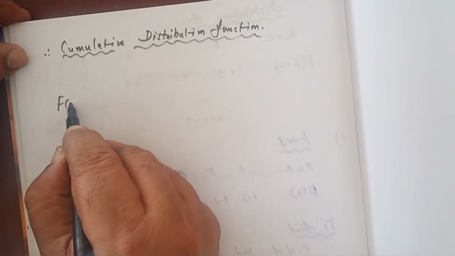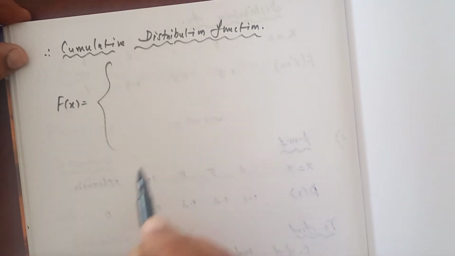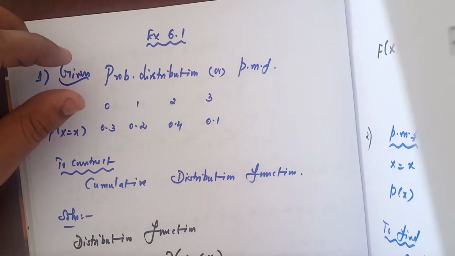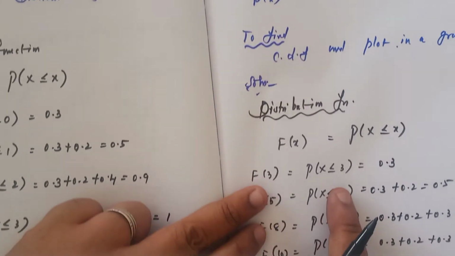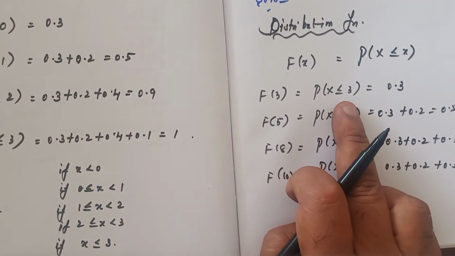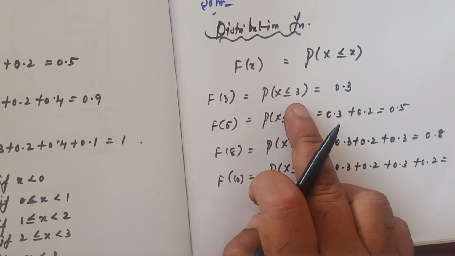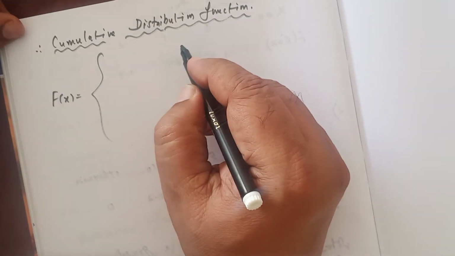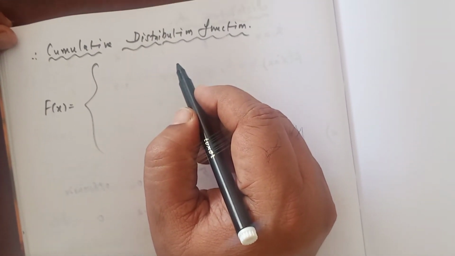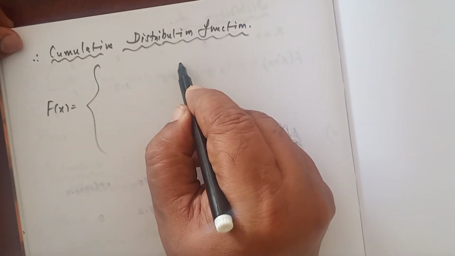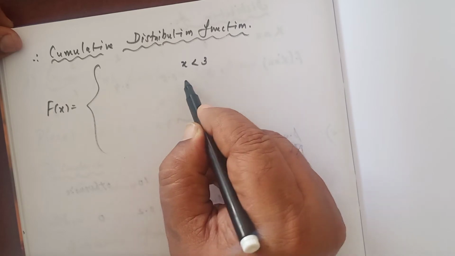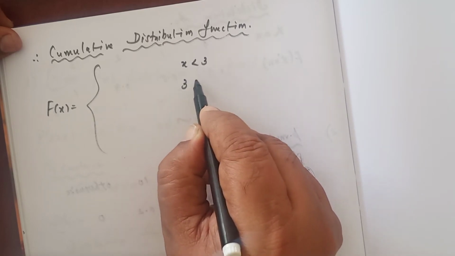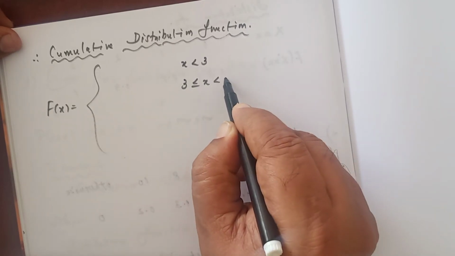F of x is equal to, here we have the values. The starting number is 3, so you start with x less than 3. Then 3 less than or equal to x less than the next number 5.